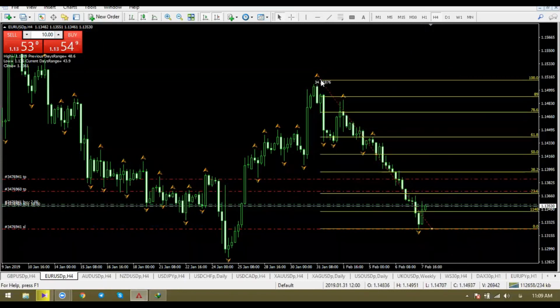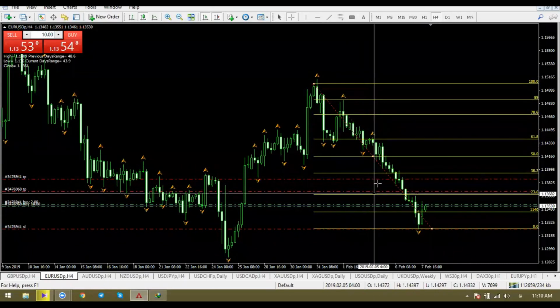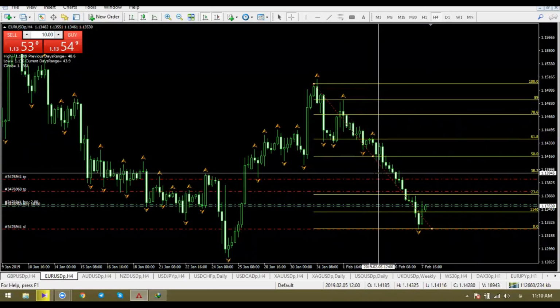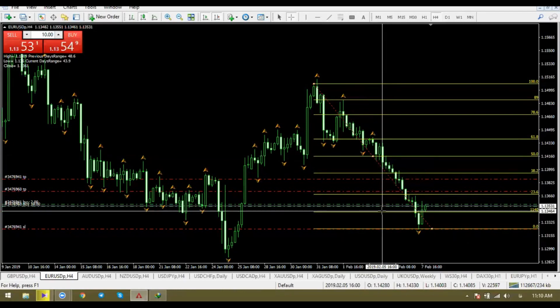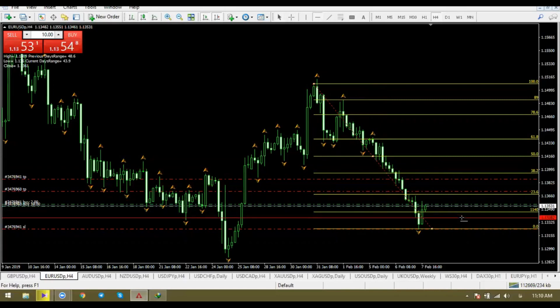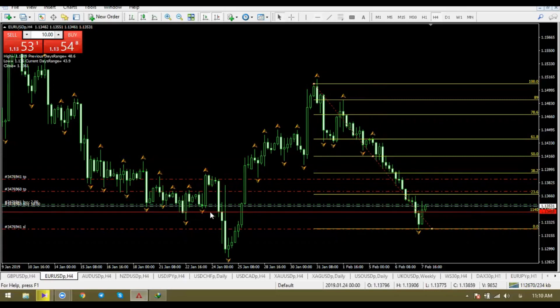I'm testing here. Okay, look. My 11 is a pivot. This little difference isn't important. If you say the 11 is here and the pivot is here, it's not important. The Fibonacci has some faults here and there.